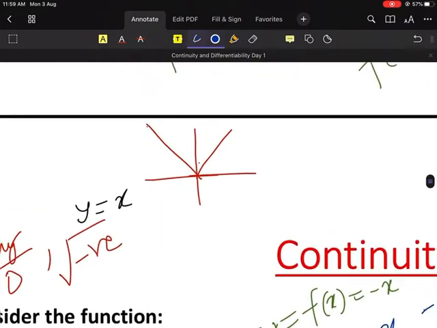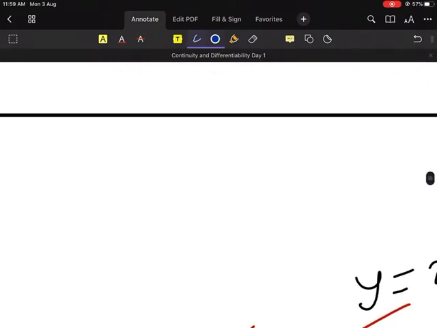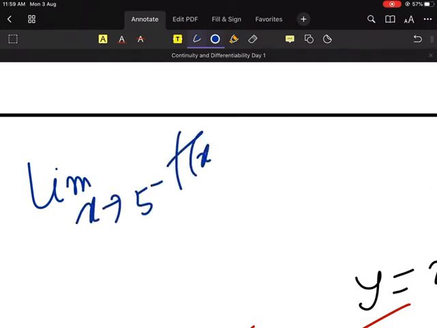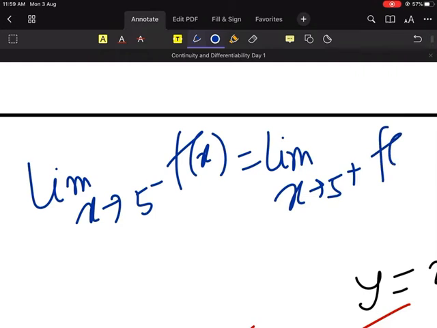Okay, now listen very carefully. Everyone listen. I hope you learned this in class 11. If I say the limit as x tends to 5 minus of f(x) is equal to the limit as x tends to 5 plus of f(x), if these two are equal, if the left hand limit is equal to the right hand limit, then what can we say?